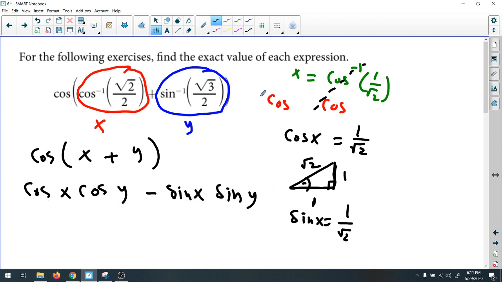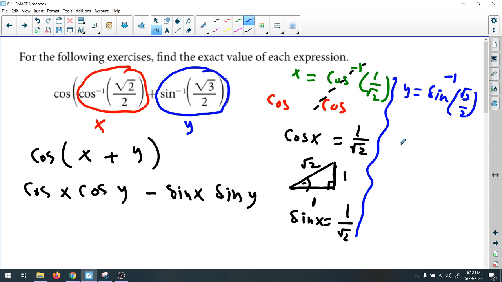And we need to work on y too. So y equals inverse sine of square root of 3 over 2. You want to take the opposite of inverse sine, which is sine.